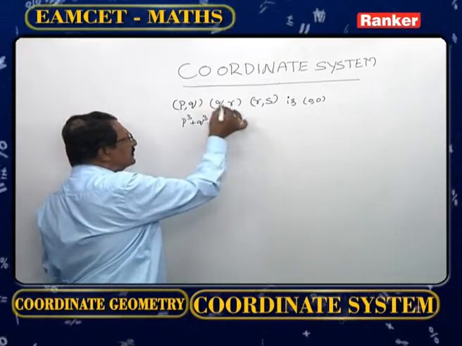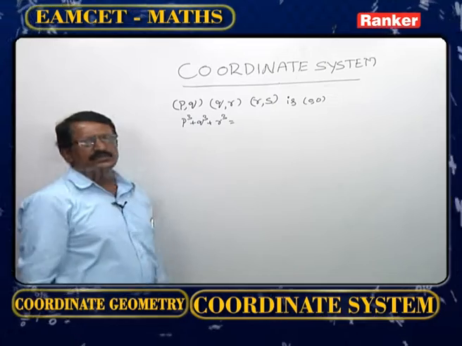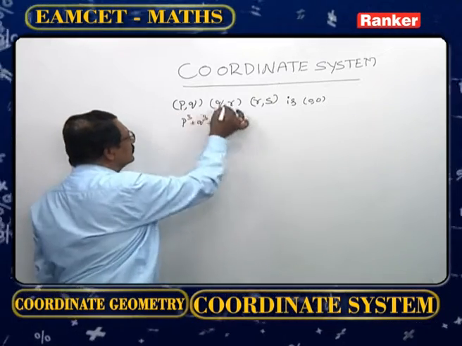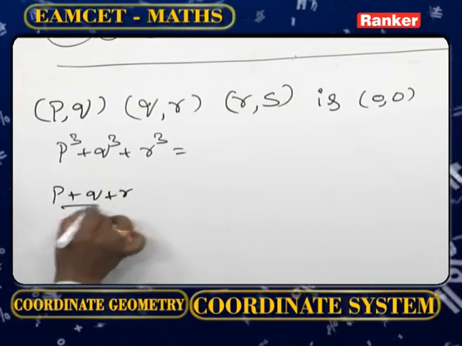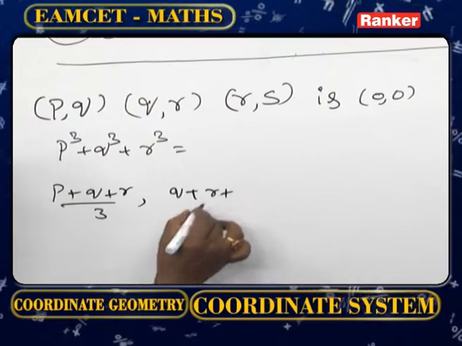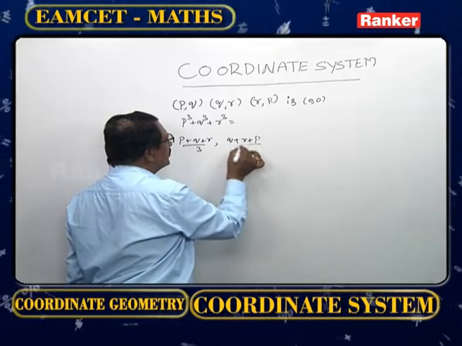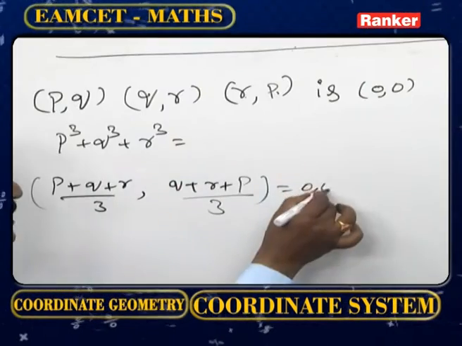Now the centroid of the triangle with given vertices equals ((x1 + x2 + x3)/3, (y1 + y2 + y3)/3). That gives ((P + Q + R)/3, (Q + R + P)/3), which equals (0, 0), the origin.